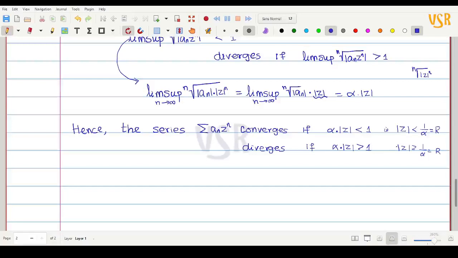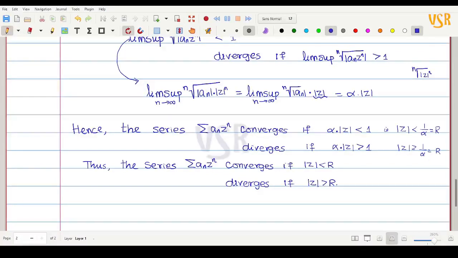அப்போ hence, thus we have proved that we have shown that the series summation a_n z to the power n converges if mod z is less than r ஆக இருக்கும்போது, and diverges if mod z is greater than r.